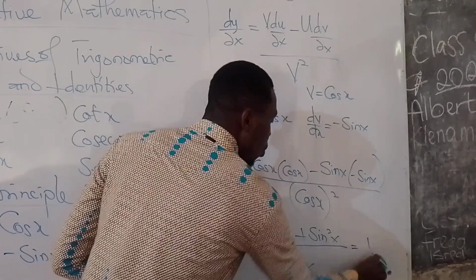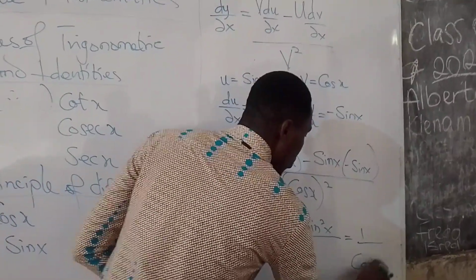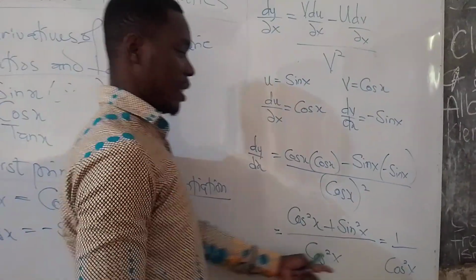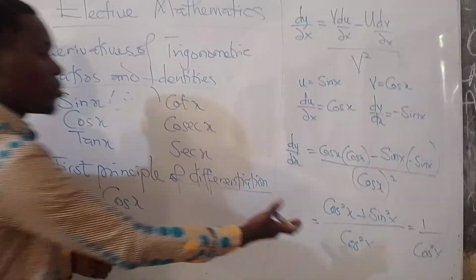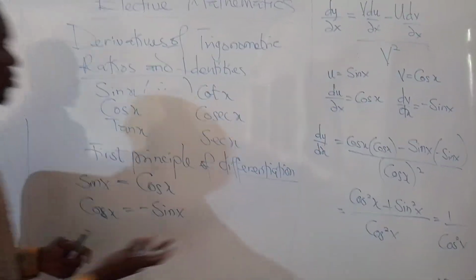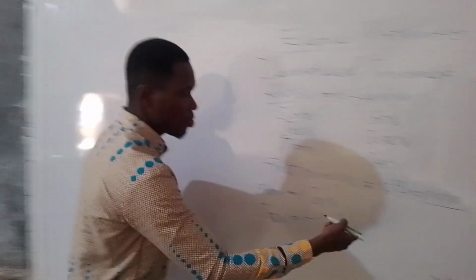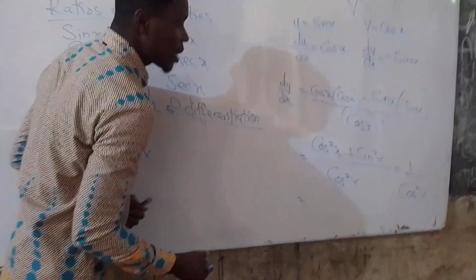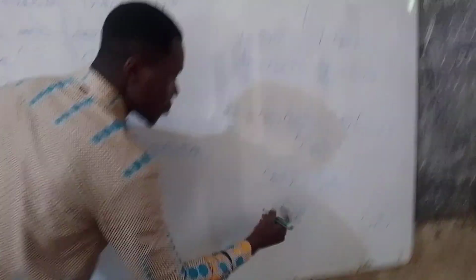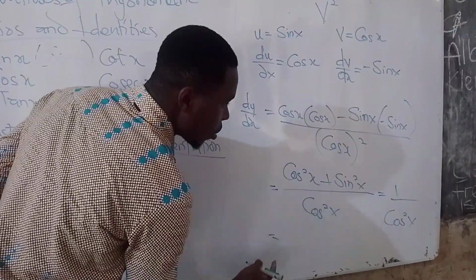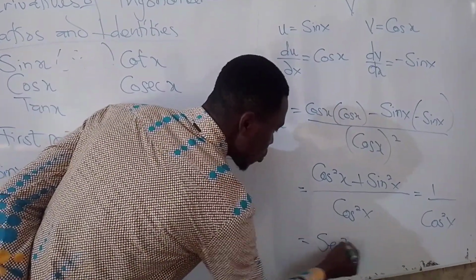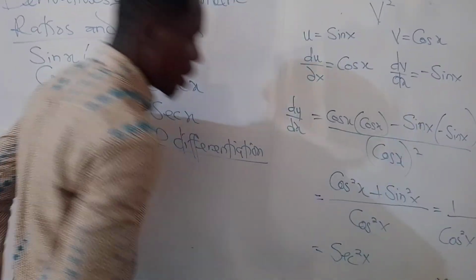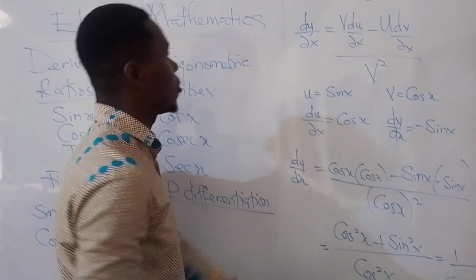We have 1 over cos squared x. 1 over cos squared x is the same as sec squared x. So the derivative of tan x is sec squared x.